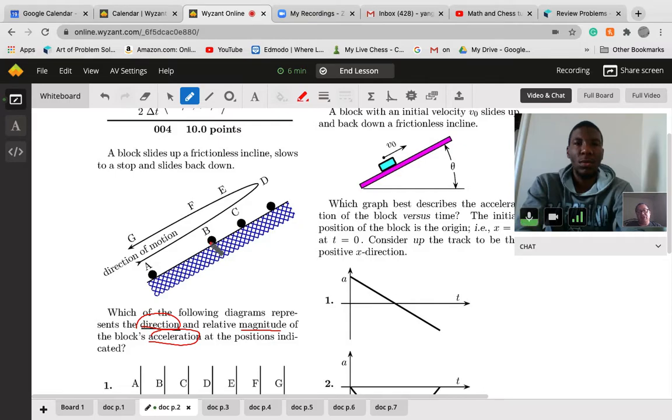So, can you draw the force analysis of this block? Yes. Can you draw on my screen?